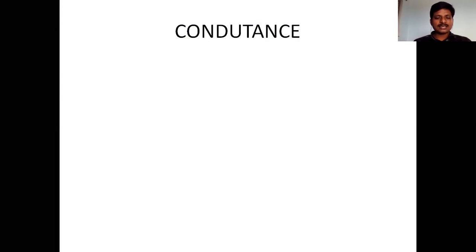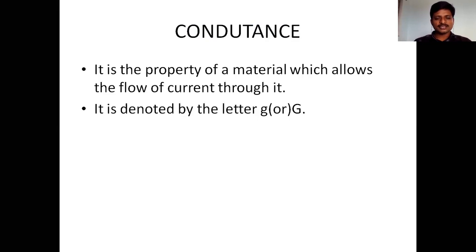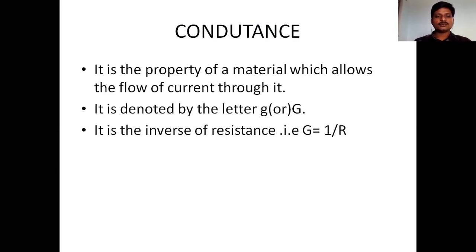That is, conductance is the property of a material which allows the flow of current through it. Conductance is denoted by the letter G. Always denote conductance with the letter G. You cannot change it. Resistance is denoted by R and conductance is denoted by G.